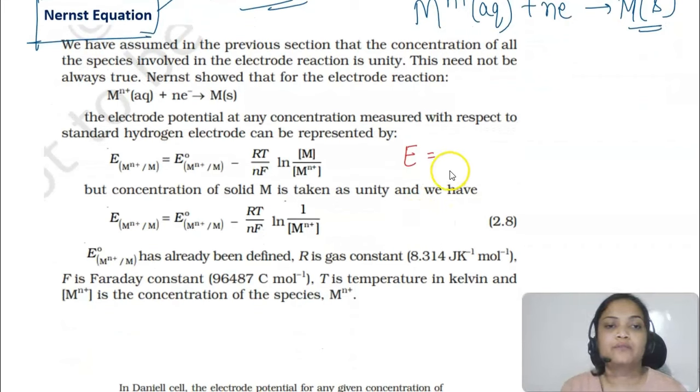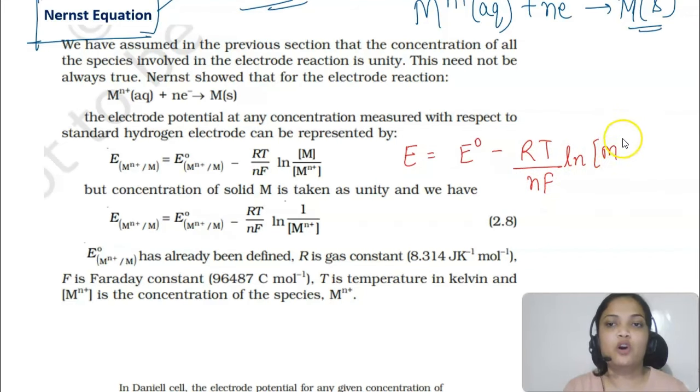So here it will be equal to the standard electrode potential minus RT upon nF natural log of M, means product, divided by the reactant, means M n plus.